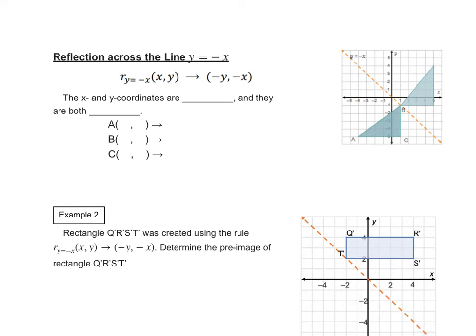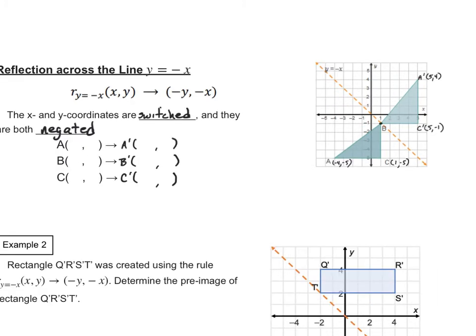But just knowing that, it's telling us that my x and y coordinates are switched, and they are both negated, right? We'll say negated, but they become the opposite sign, multiplied by a negative, however you want to process that.